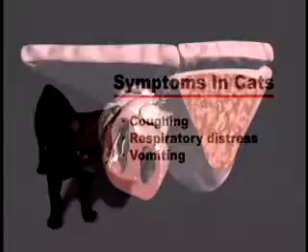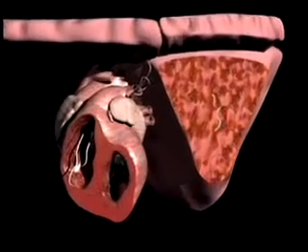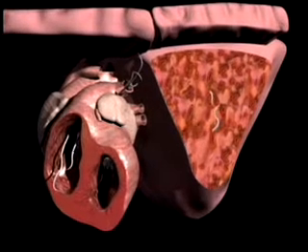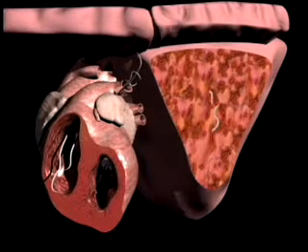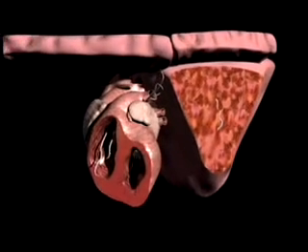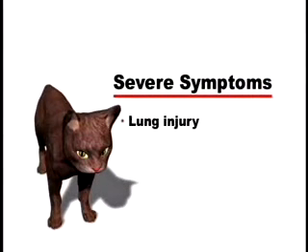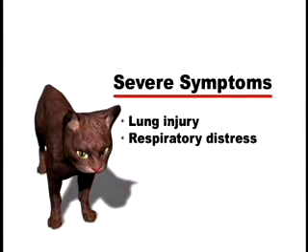For this reason, feline heartworm infection can be confused with feline asthma or may mimic clinical signs of many other feline diseases. Cats harbor a lower worm burden than dogs, and the worms are smaller. However, the results are just as serious: lung injury, respiratory distress, and sometimes death.